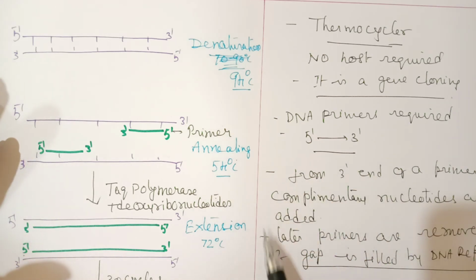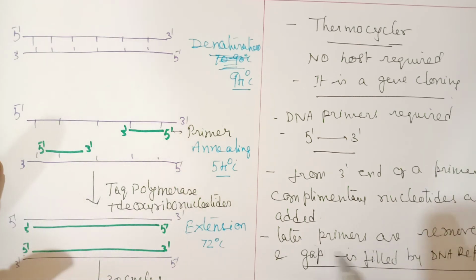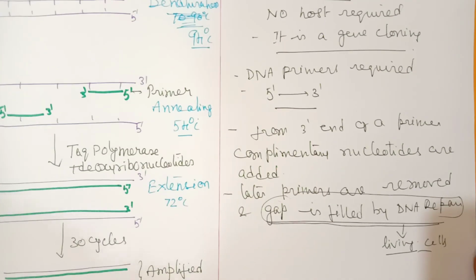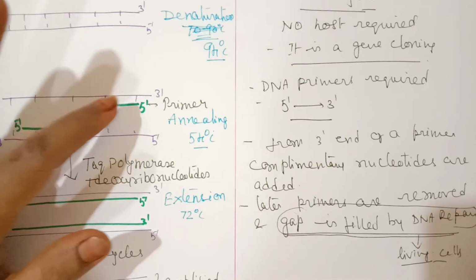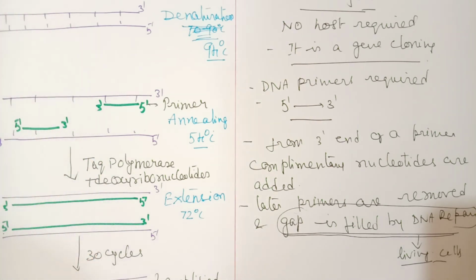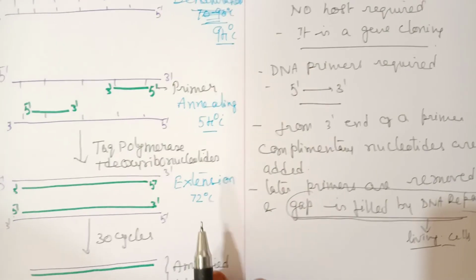So since it is a DNA primer, actually it goes on. This particular point which I told you, the gap filled by DNA repair, generally we find in living cells, in natural conditions, in living cells, where I told you RNA is used as a primer. But here, since DNA is primer, this primer remains along with it, and the nucleotides are added from 3 prime and onwards.